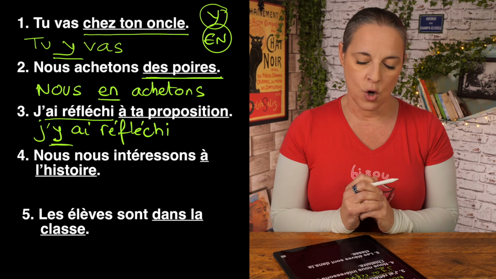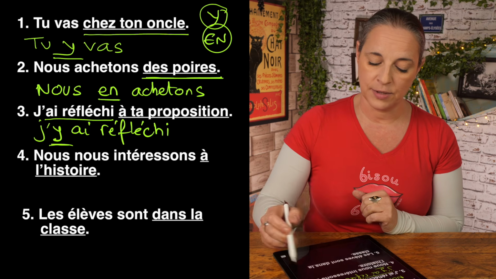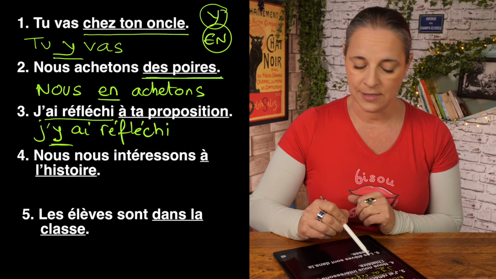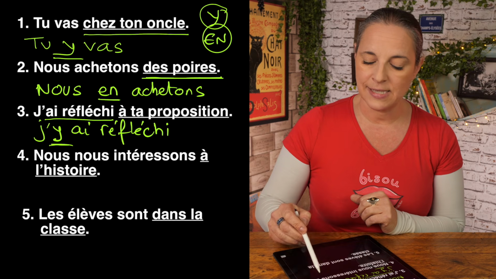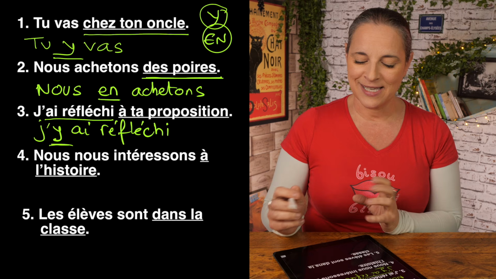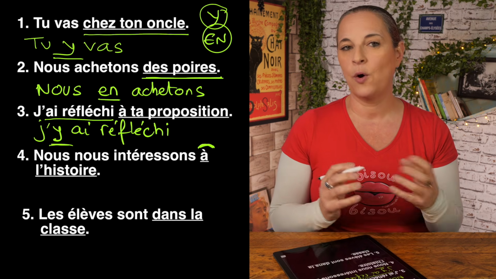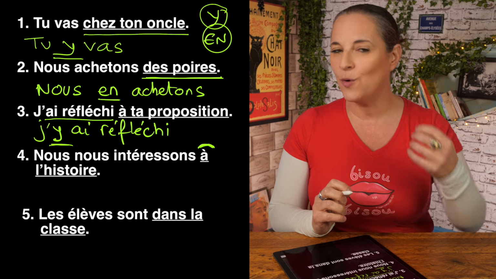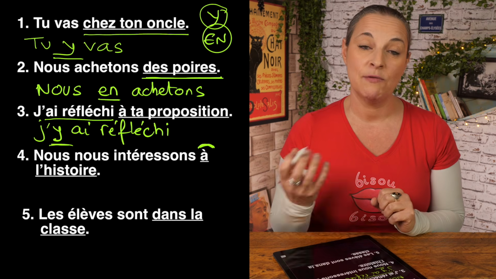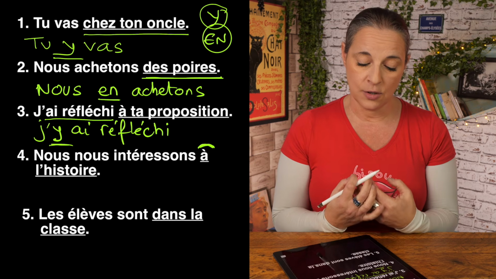The next one, nous nous intéressons à l'histoire. Now, if you wanted to get rid of à l'histoire, we are interested in history. Okay? Now, again, what did I say to you? If the complement begins with à or dans or chez, it is going to be replaced in its pronoun with y. So how do you do that?